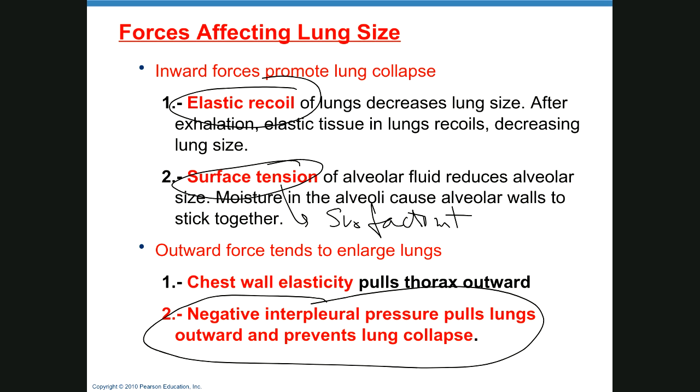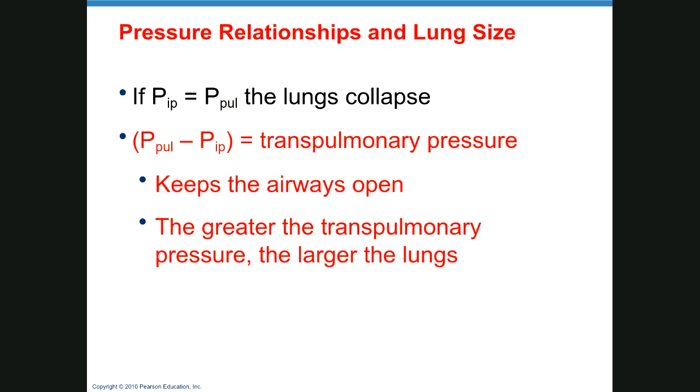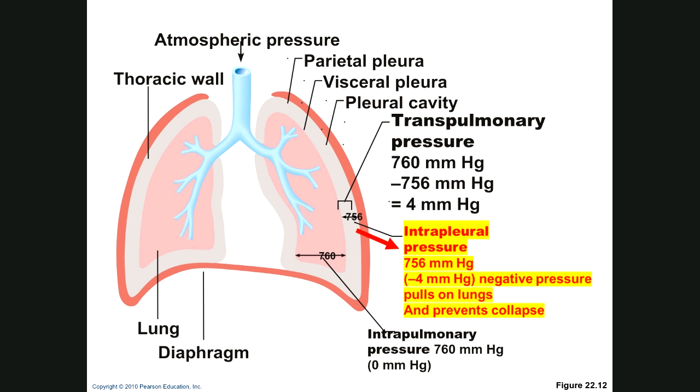Let's talk about that negative pressure. So again, that space within the two pleura is incredibly important. Not only because it allows the lungs to be stretched, but on top of that, it is a negative pressure space that is going to pull on the lungs. So notice here, it's negative, 756, so it's a negative 4.